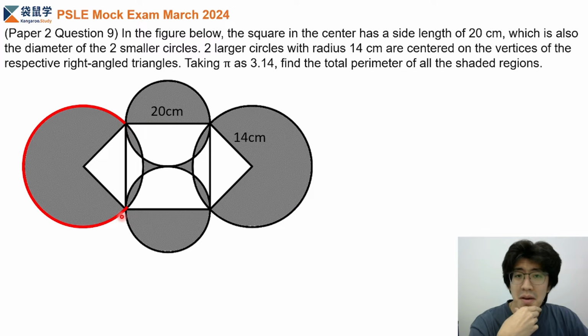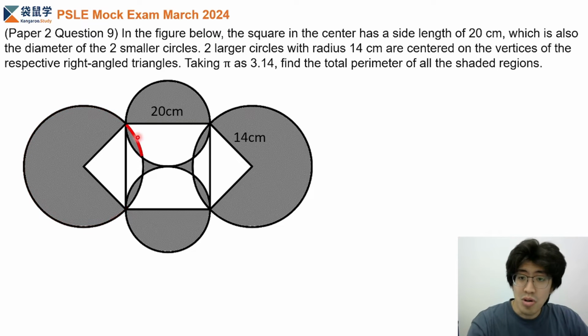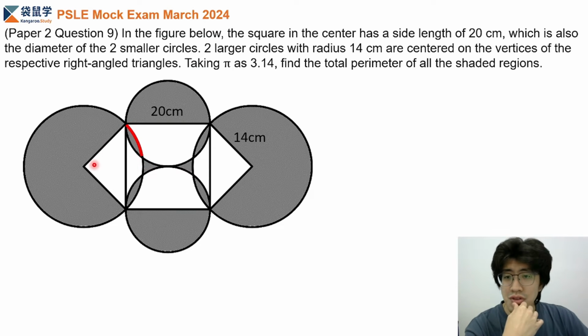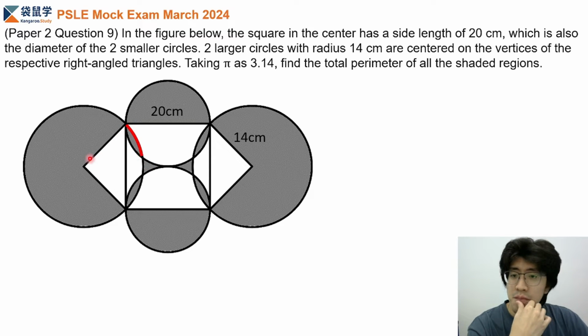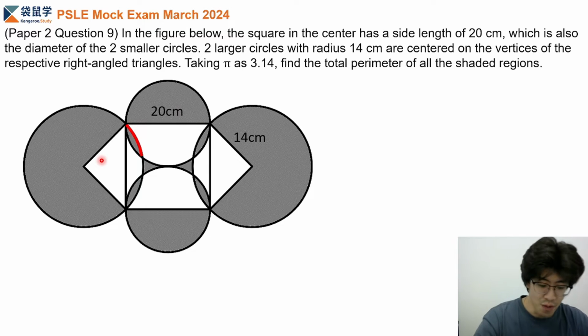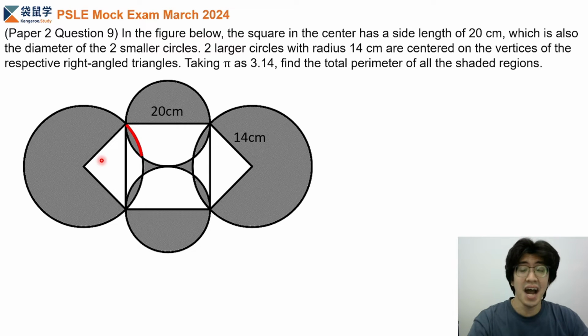But the problem is, what about all these parts in the middle? Well, I do know the radius, but can I form this into sectors and find the center angle? Doesn't seem quite applicable. Well, that's okay. Let me just ignore it for now and have a look if there are any other shapes that we can find. Well, besides the large circle, we also have small circles.